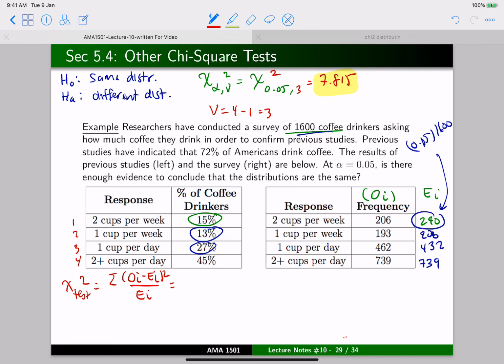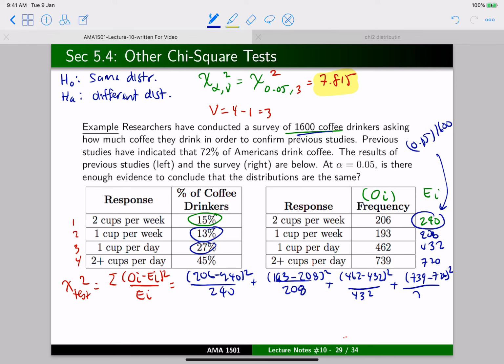So explicitly, it's going to be 206 minus 240 squared over 240 plus 193 minus 208 squared divided by 208 plus 462 minus 432 squared divided by 432, and then finally we have 739 minus, whoops, this must be 720, sorry, 720 squared divided by 720.